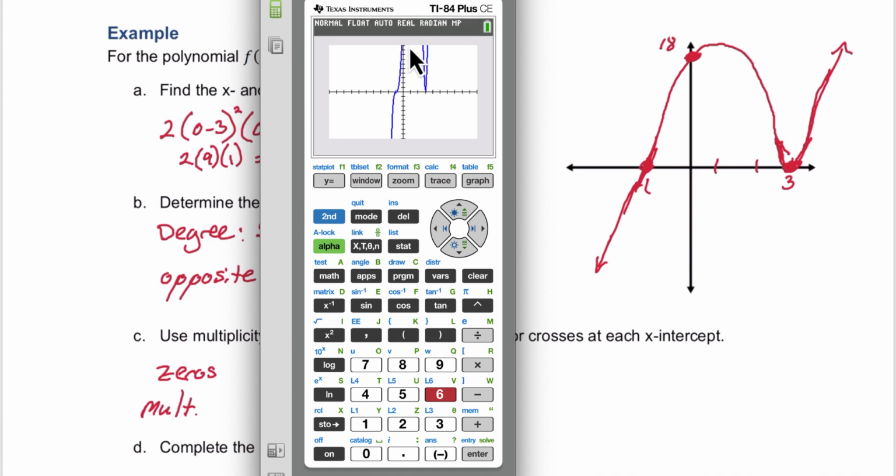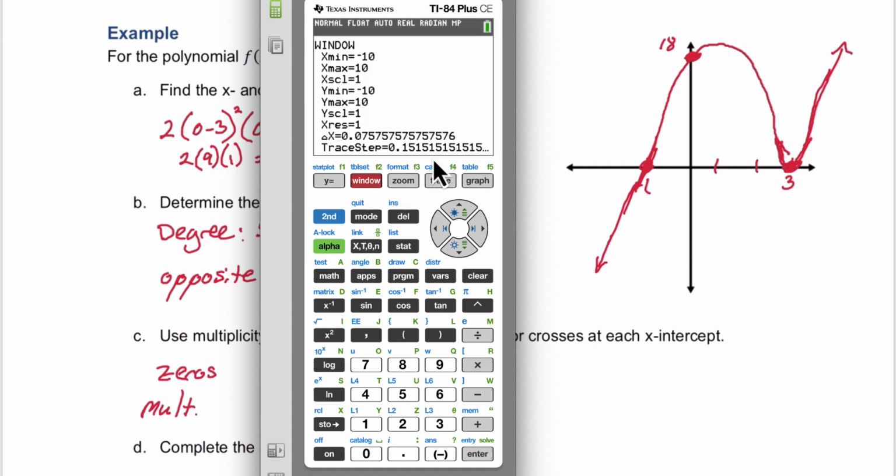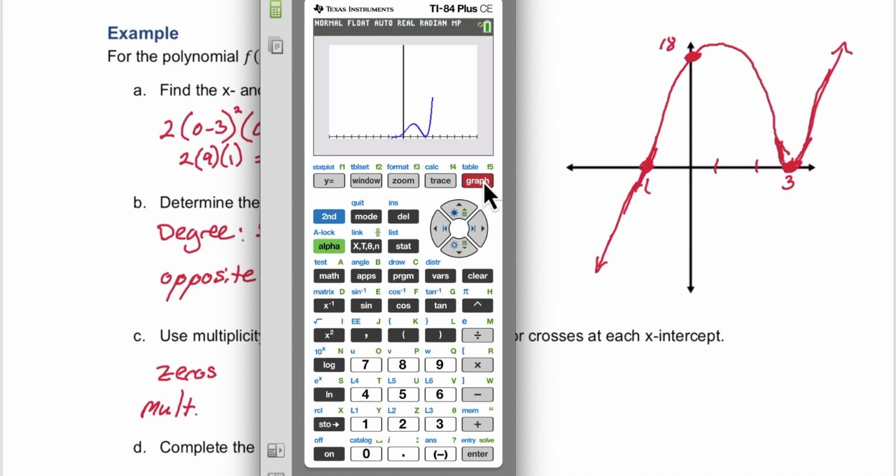Again, I'm going to have to change my height though, so window, let's make the y max, let's say 500 again. We'll start there and see what happens. And it looks like we have, again, a very rough sketch, but it looks pretty good. It's dropping down on the left, we have a peak, bounces off at 3, and then shoots up forever.